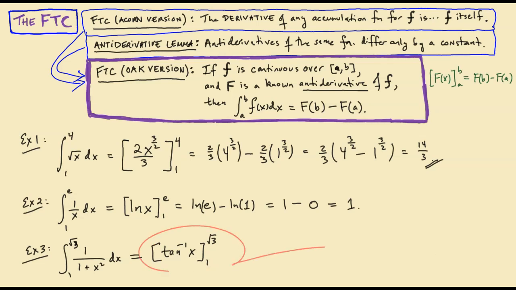So what's this going to be? Well, this is arctangent of root 3 minus arctangent of 1. And again, I would like to think that anybody who has gotten this far in calculus can evaluate those expressions with no problem, especially this one. But the sad truth is, what I would like to think does not always correspond to what reality serves up to me. So again, what does arctangent mean?